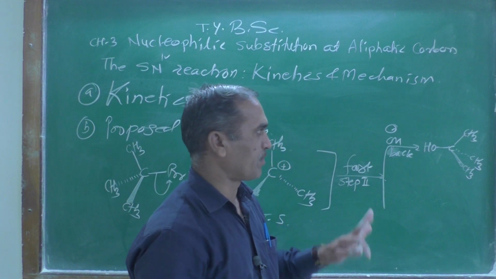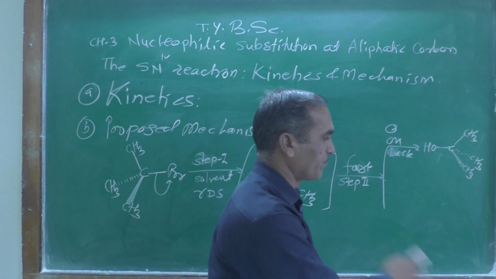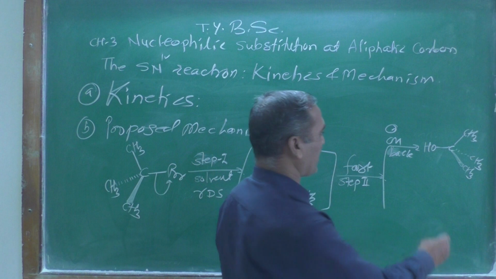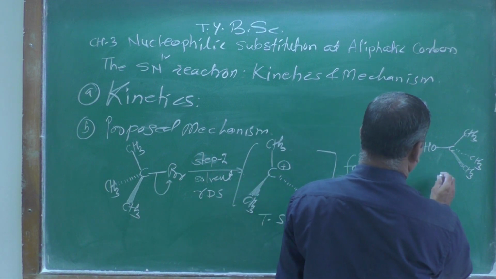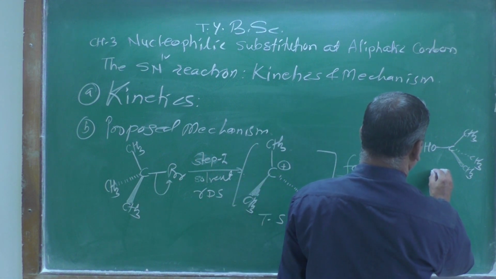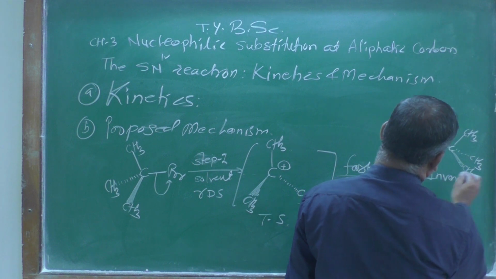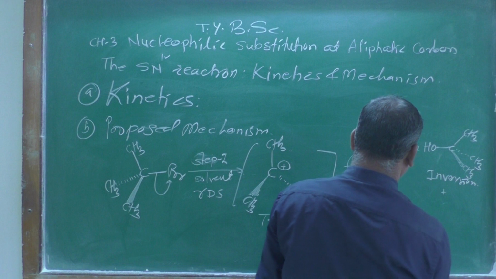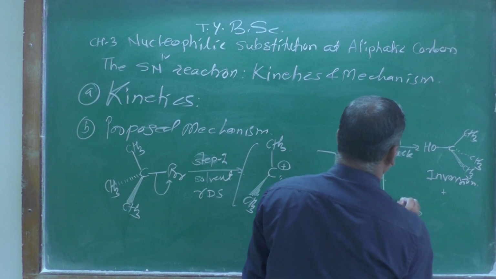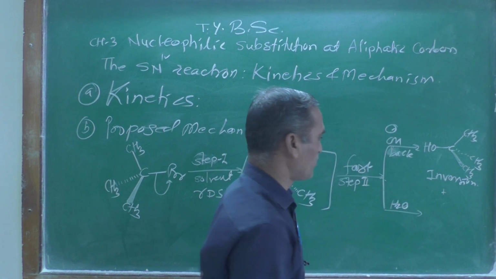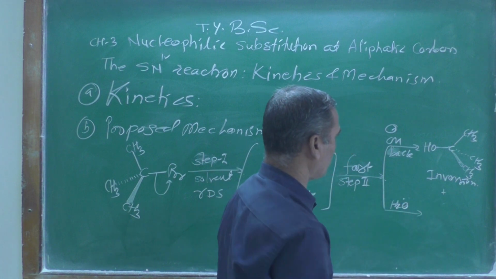So this type of product we are getting, that is called a retention product, right? This is called an inversion product, right?